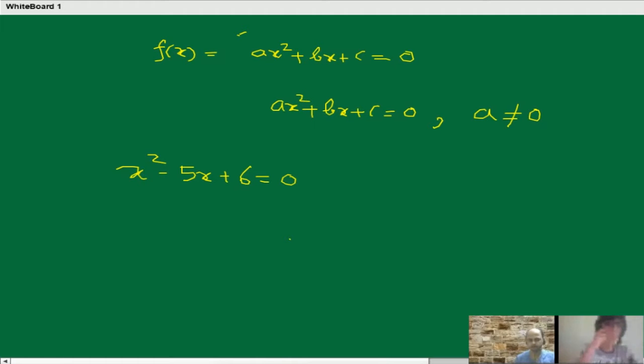Okay, so we would have to find two numbers that would add to give us -5. We would also have to get two numbers which would multiply and give us 6.